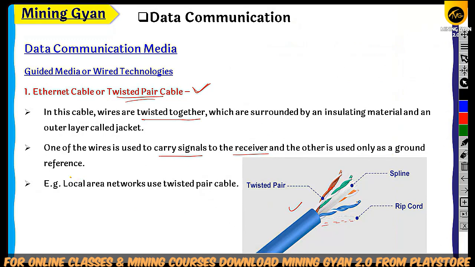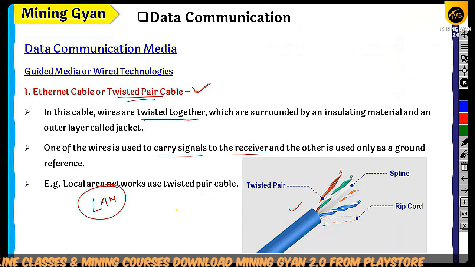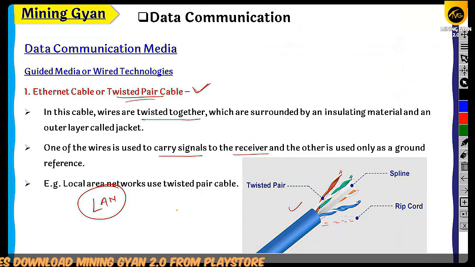So the first one carries the signal, and the second one is used for the ground reference. Examples are local area networks, called LAN, which use the twisted pair cable. So LAN networks always use the twisted pair or Ethernet cable to transfer the signal from one server to another server.